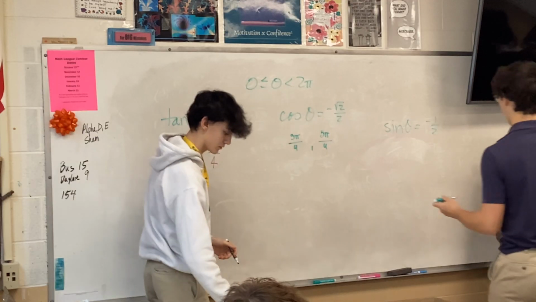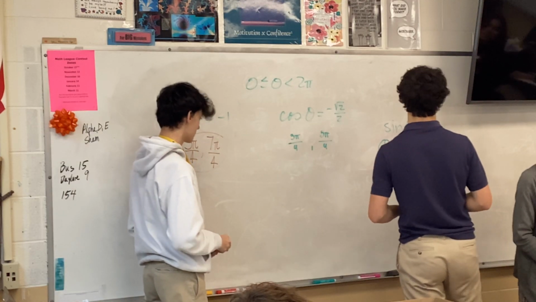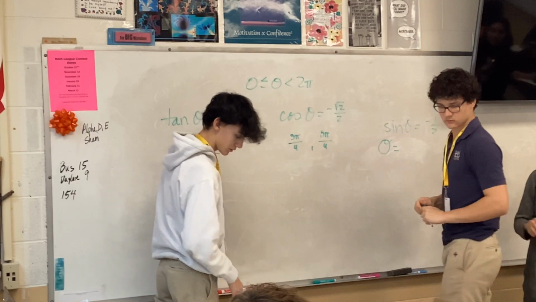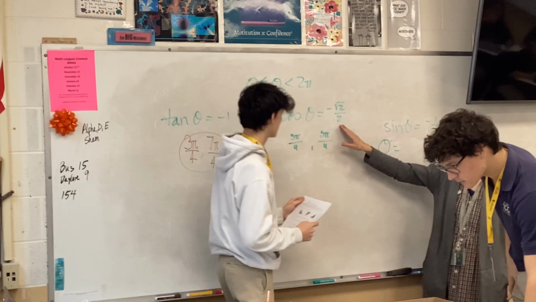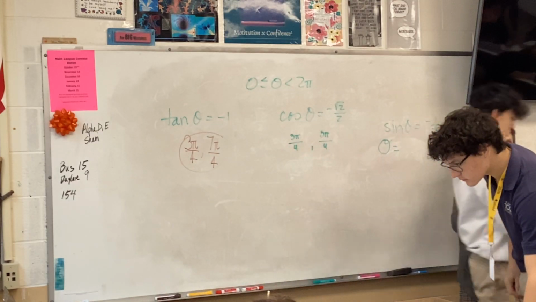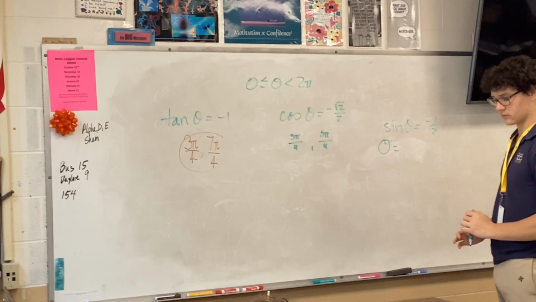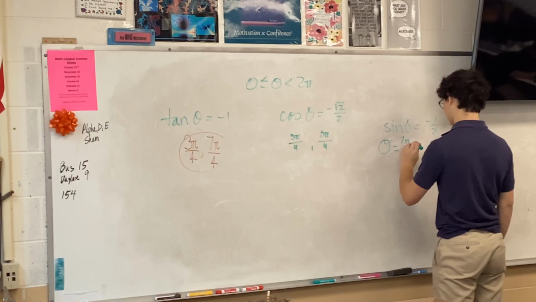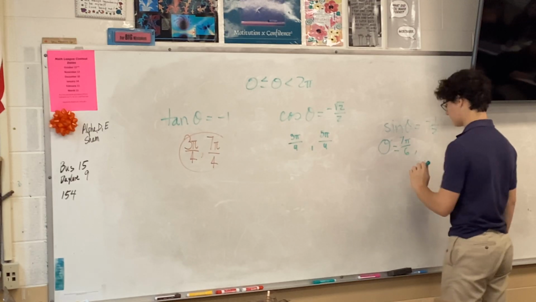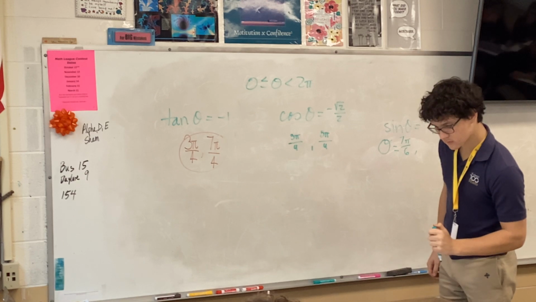I'm going to pick on Gabby for a minute. I love your thought process. I don't know if you're right or not, but I love what you did. She looked at the root 2 over 2 and says, okay, that's a pi over 4. So she set up two fractions and put a 4 in the denominator, because she knew root 2 over 2 was some version of pi over 4.